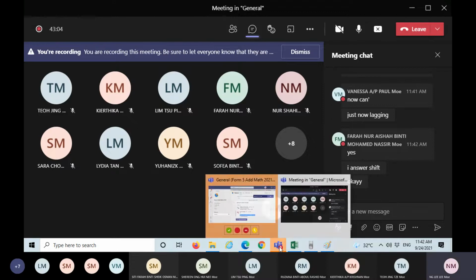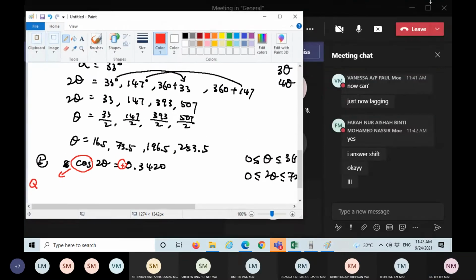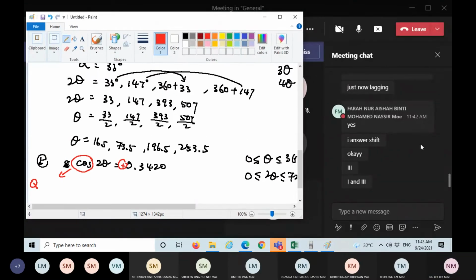Okay, look at these questions. My question for you: for cos positive, can you please tell me which quadrants? There are two. Cos positive. Okay, 1 and 3.